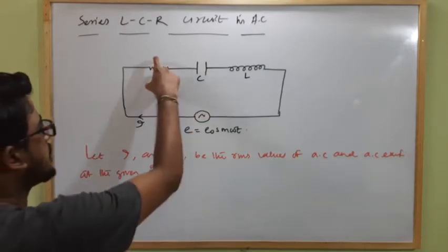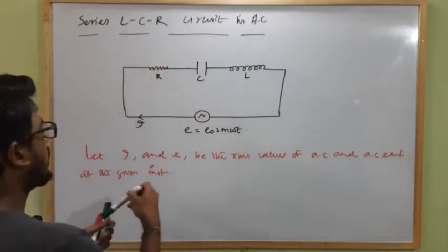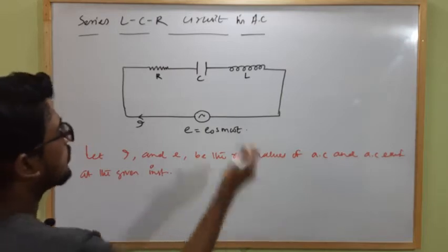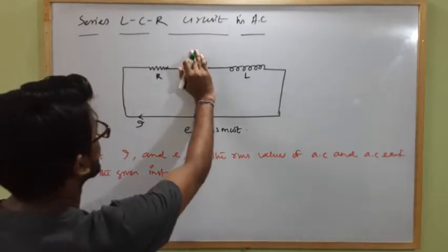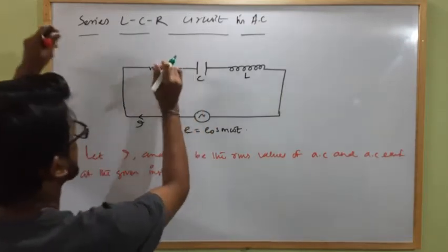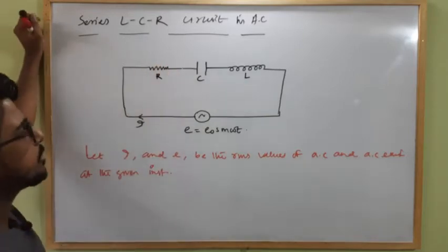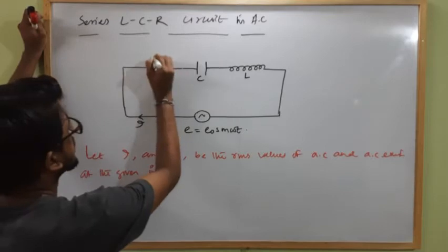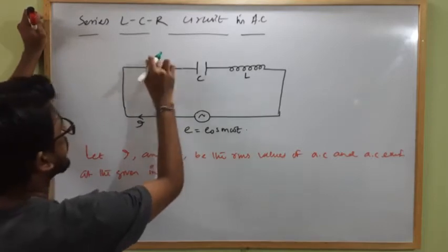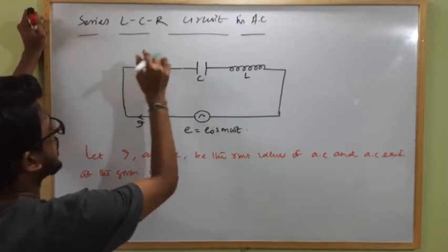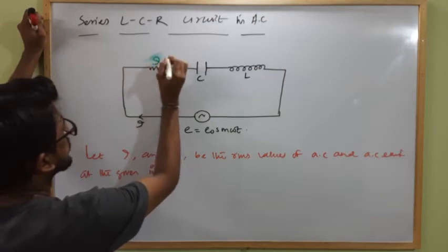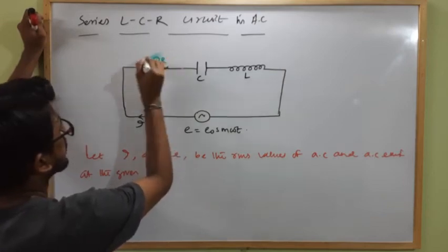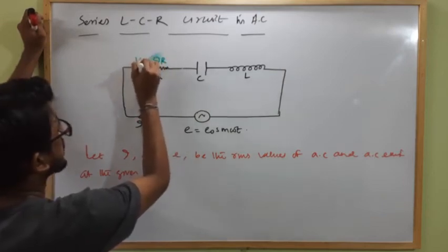So if we omit these two, just imagine this is a resistive circuit. What is the potential difference across a resistor? We already know, that is I, the current flowing at that instant, into the resistance R, which let be VR.